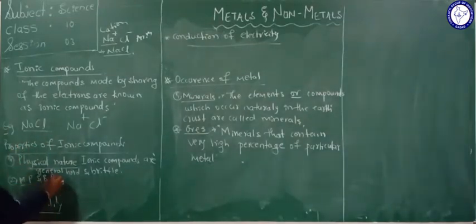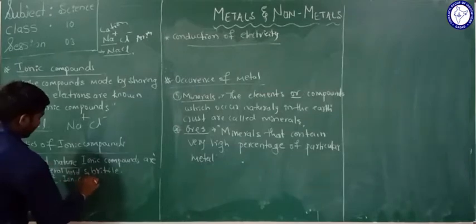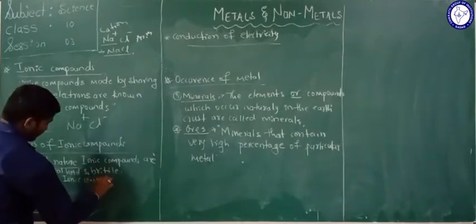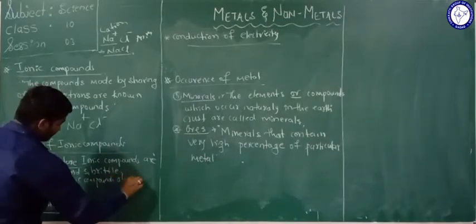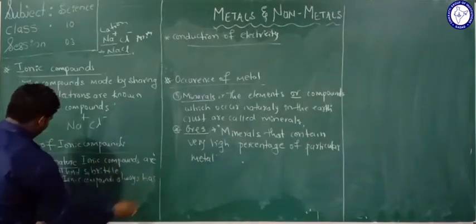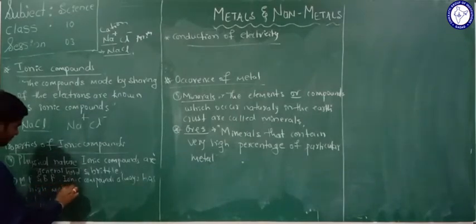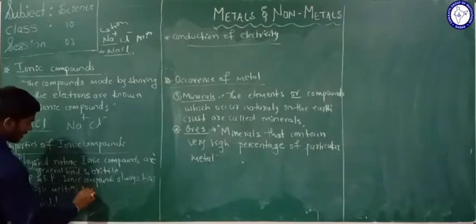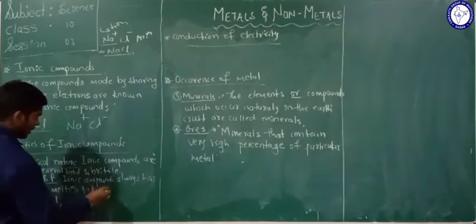The ionic compounds always have a high melting point and boiling point. This is another property of the ionic compounds.